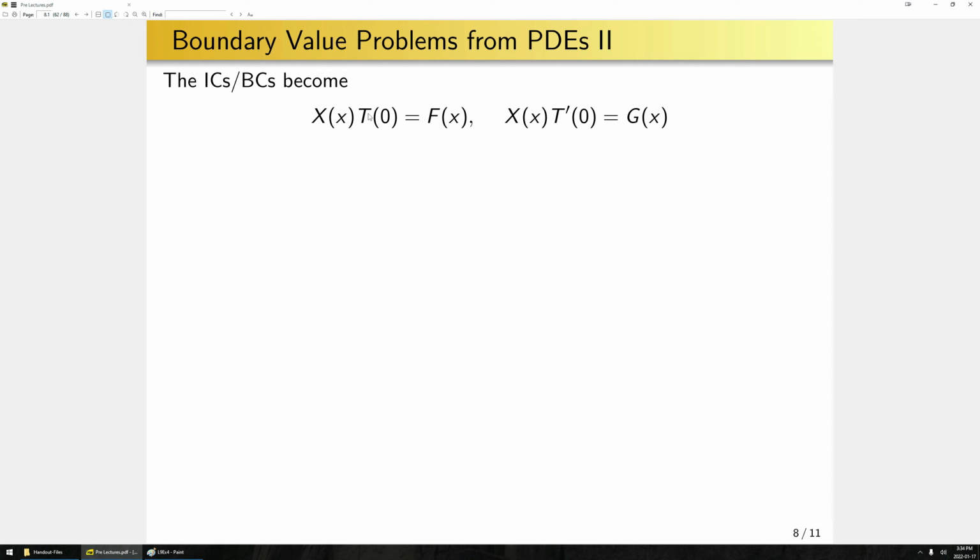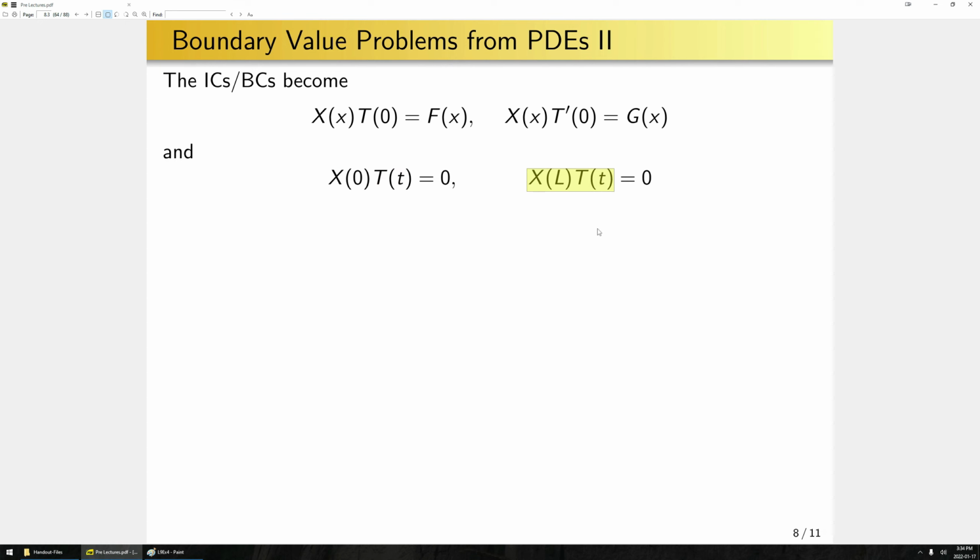I don't know what t of 0 is, and if t of 0 and t prime of 0 are 0, that could be problematic, since things would cancel and I couldn't actually do stuff, but we will address this later in the course. And for the boundary conditions, I would simply get this term here and this term here. So this again could be an issue, but only if I was unable to get either of these quantities to be 0 identically.